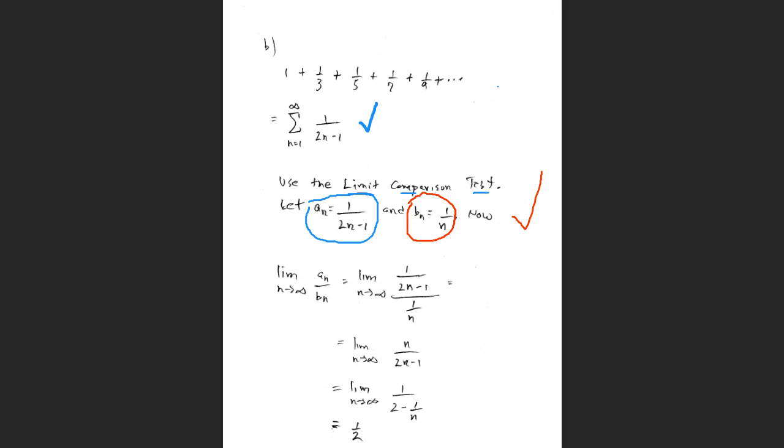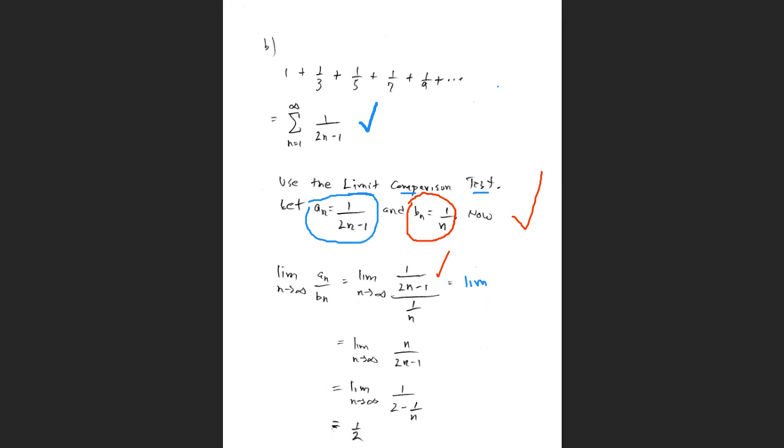Okay, so, all right. I look at the limit as n goes to infinity of the ratio a_n divided by b_n, and I get the ratio there.